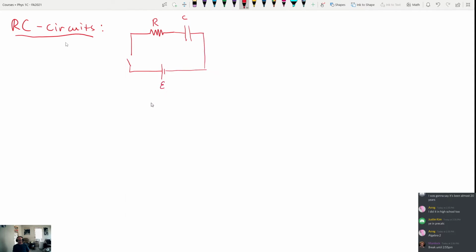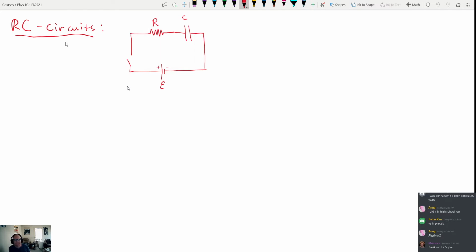So we have some ideal EMF source here with the positive side of the battery here and the negative side here. And we are going to talk about the way in which the current and the charge on the capacitor work in a circuit like this.